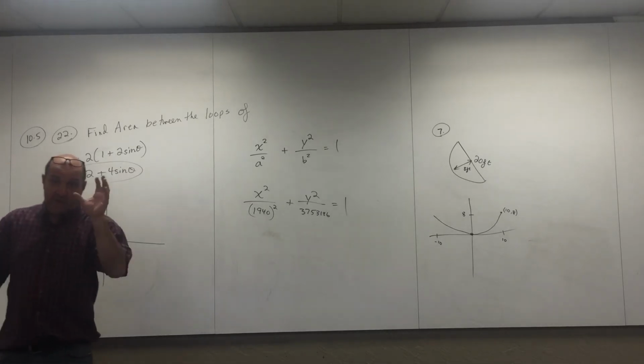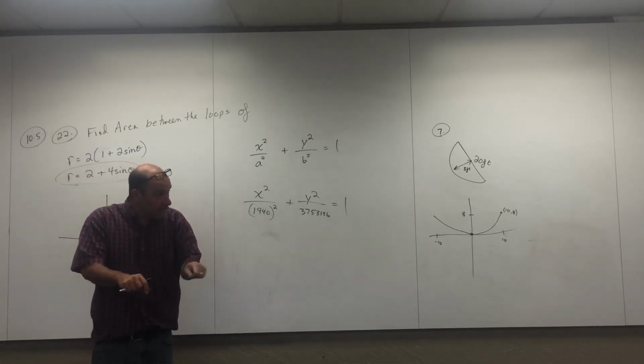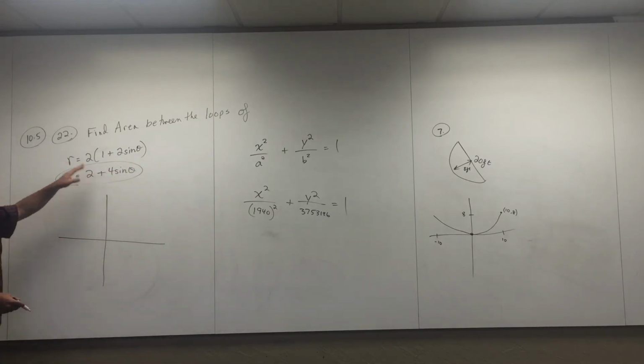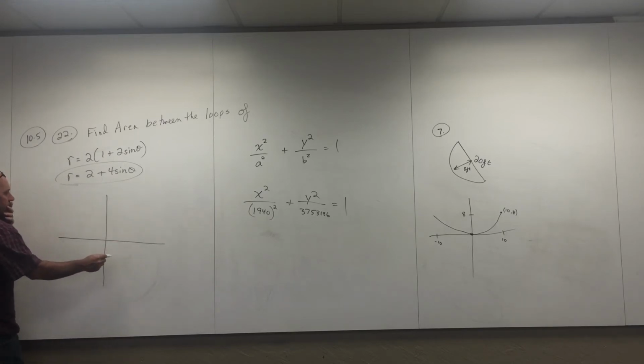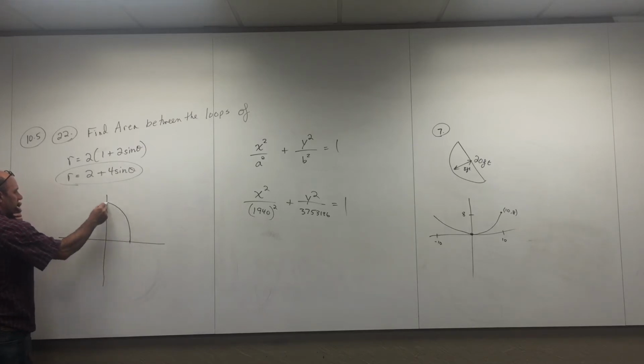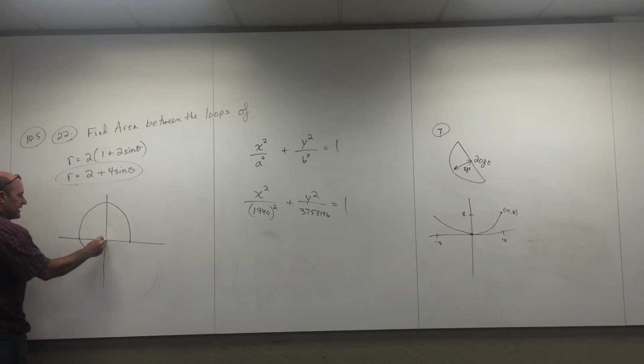You know, earlier today I drew a couple limaçons, but they were cardioids. They came into a point. They were little different limaçons. This one will have an inner loop. If I plot points and draw a picture, it kind of does this, comes in here and does an inner loop.